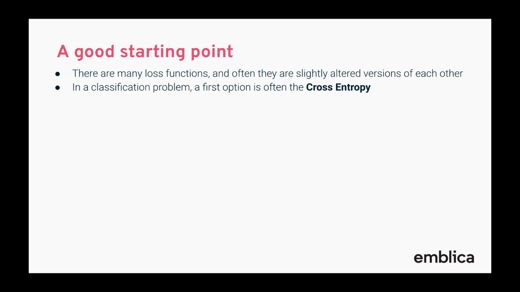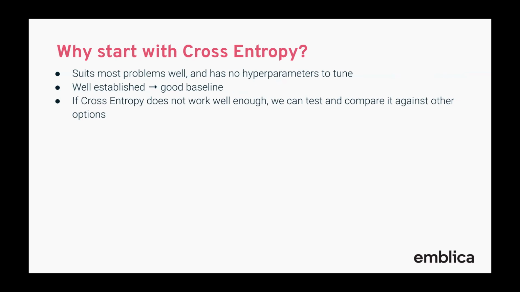And it's a great loss function because it suits most problems well because of its very generic definition in mathematical terms. And it also has no hyperparameters to tune, which is awesome because the fewer hyperparameters we have to tune during training, the simpler that makes discovering the optimal hyperparameters to begin with.